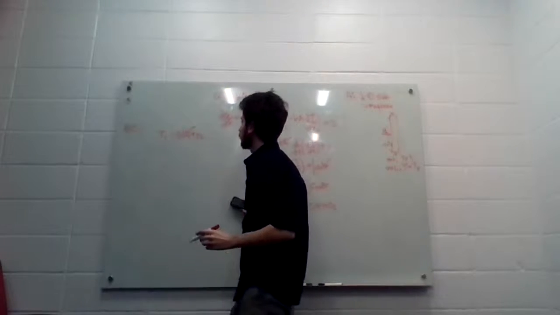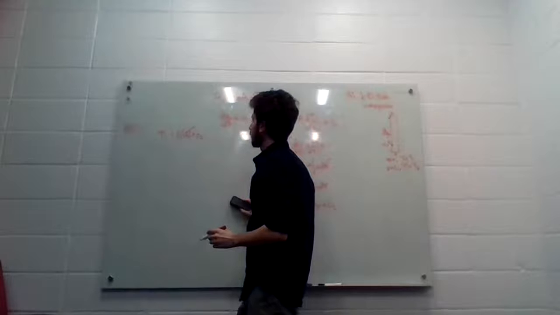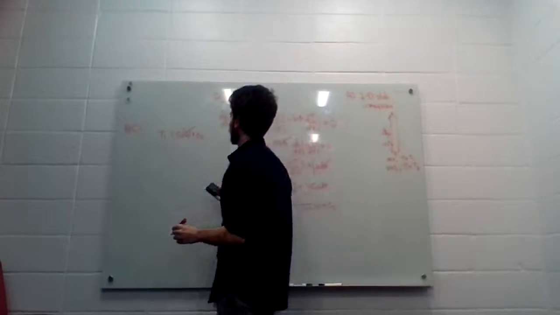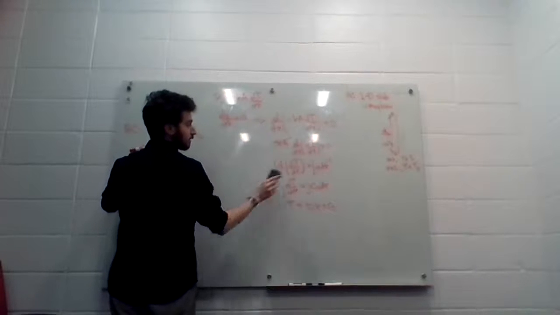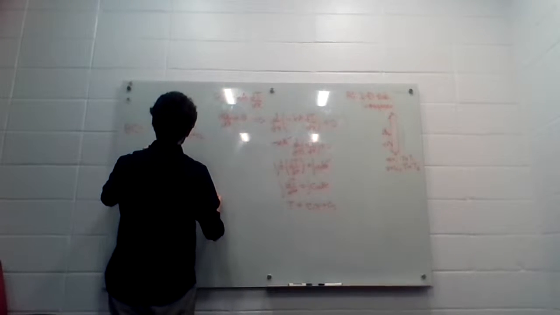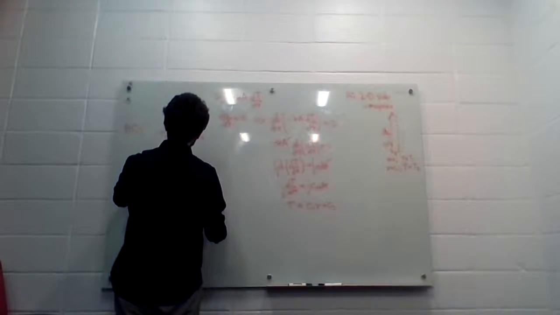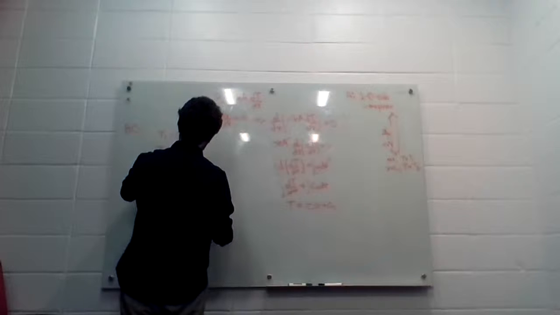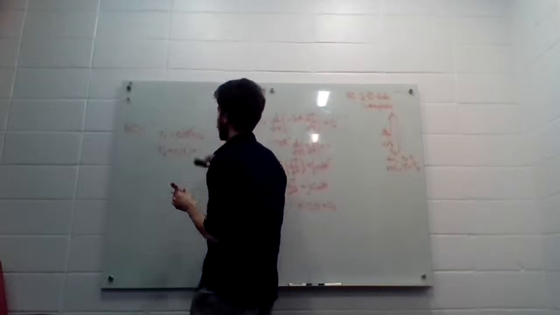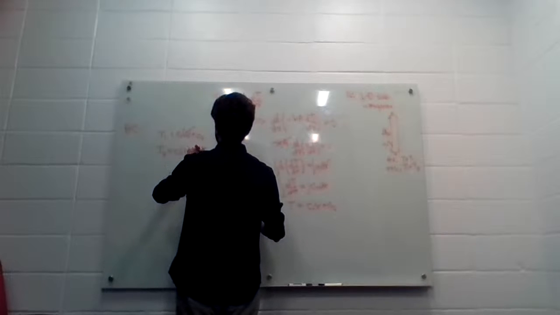The first term goes away because it's something times 0. So now you've got T1 equals C2. Then the second boundary condition is at x equals L, T equals T2 equals C1 times L plus C2. And now we know C2 is equal to T1, so we put T1 here.